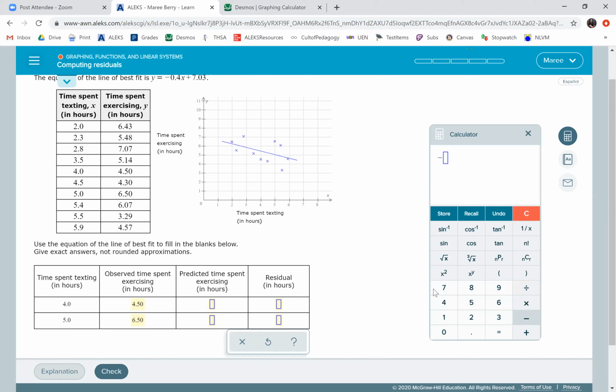So negative 0.4 times 4.5 plus 7.03, 5.23. Oops, I have to clear everything. Negative 0.4 times 5 plus 7.03, 5.03.